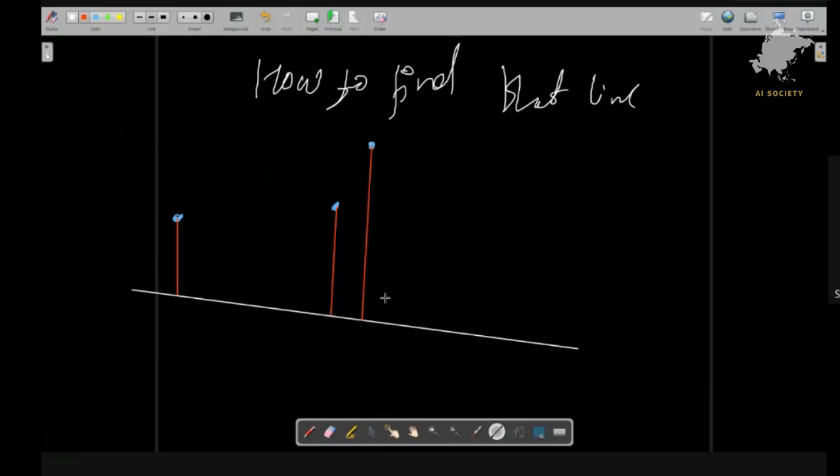In order to see how bad this line is doing, we calculate the error. How to calculate the error? We are going to look at the distance, or more specifically, the length of the distance between the data point and the line, like this, and this.